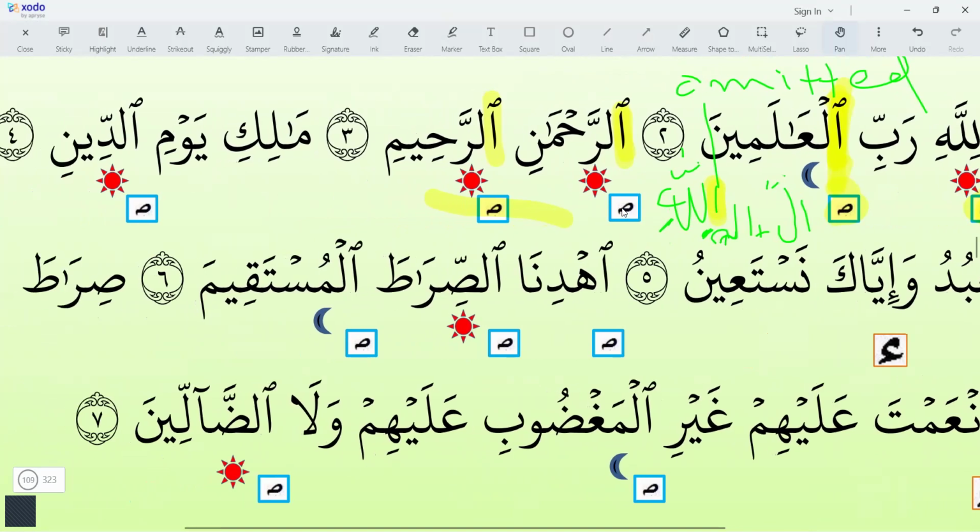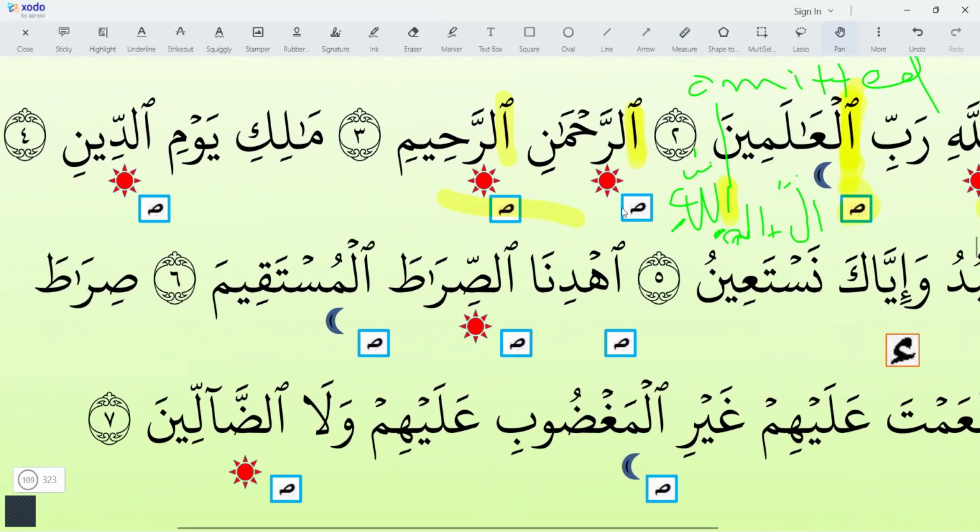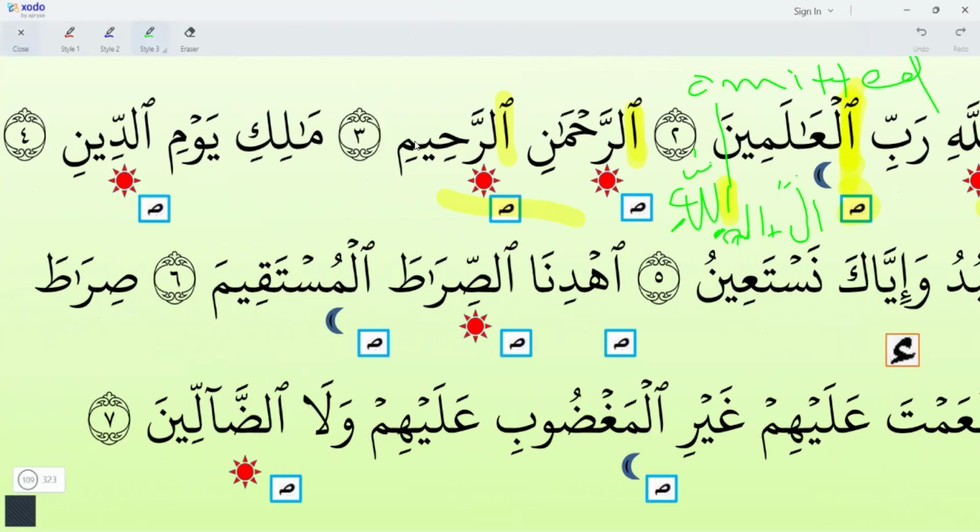Now Maliki Yawmiddin. Okay, good. Where is Hamzatul Wasal? Yawmiddin.